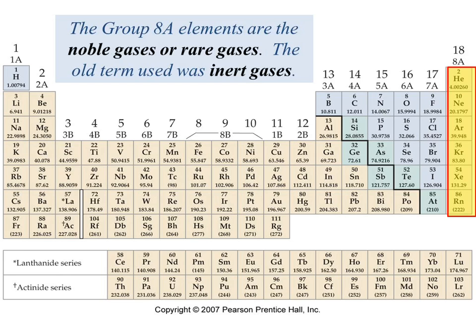Group 8A are noble gases, rare gases, and inert gases. The reason they're inert is, if you buy medicine, they talk about the active ingredient and the inert ingredient. The inert ingredient is kind of there for the ride. The thing about these elements is they don't like to play with anything else. They're just like, hey, I'm fine.